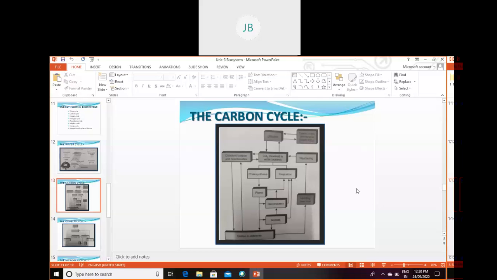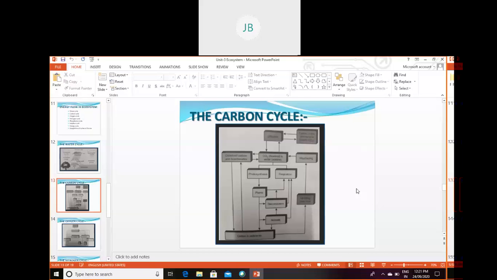By means of photosynthesis, plants produce carbohydrates, which contain carbon. The carbon from carbon dioxide is converted into carbohydrates, again having carbon. Plants use this complex mechanism for their growth and development, that is photosynthesis.